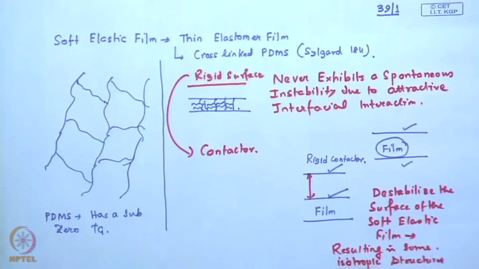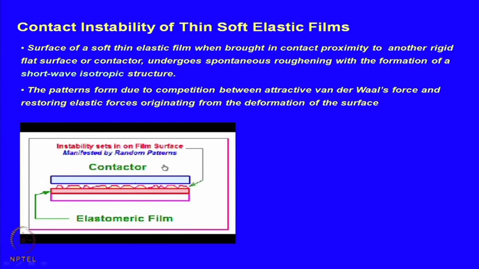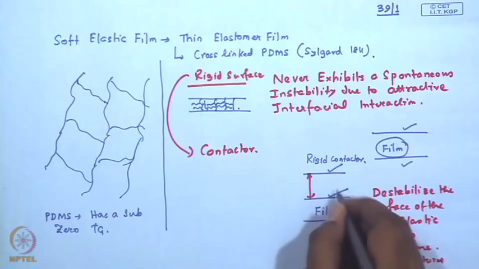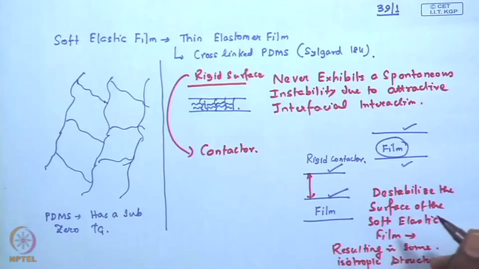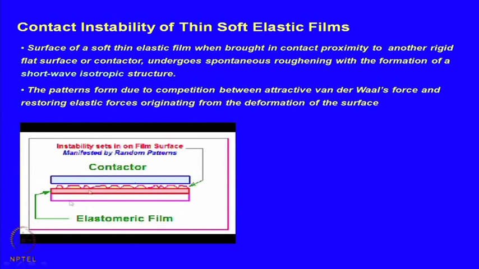So, this is the system geometry we are talking about: an elastomeric thin film and a rigid contactor. If you bring the contactor in close proximity, below a critical separation distance, there is self-organized structure formation on the film surface. The patterns form due to a competition between the attractive van der Waals force acting between the free surface of the film and the contactor.